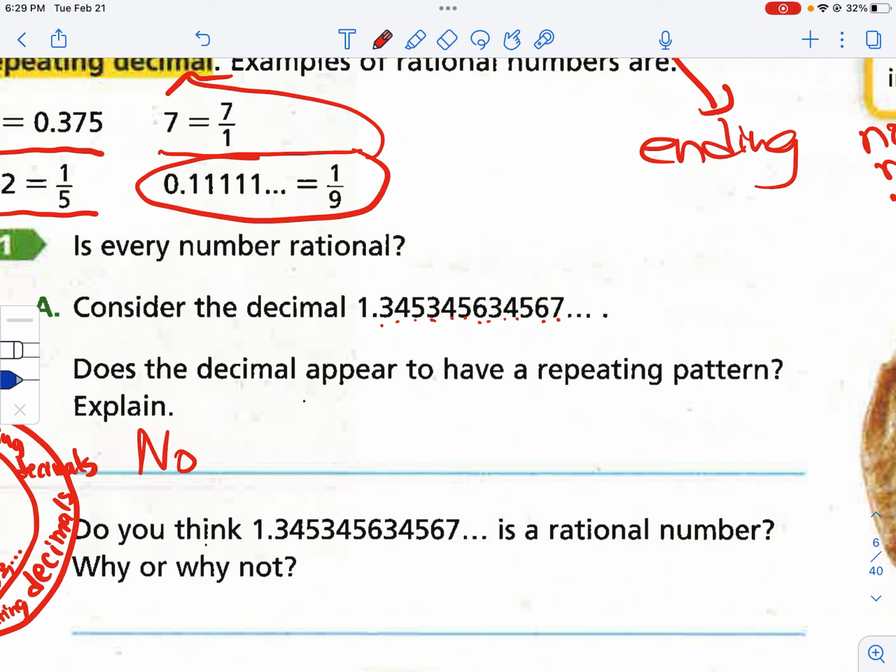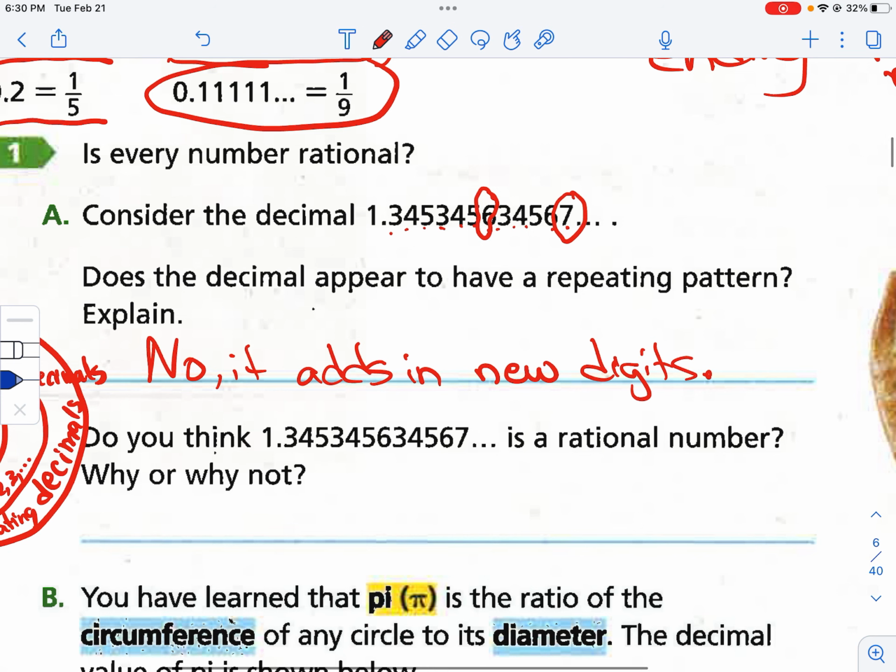No. It adds in new digits. Okay, it says 3, 4, 5, 3, 4, 5, but then it added in the 6, and then it added into the 7, so it has new digits.